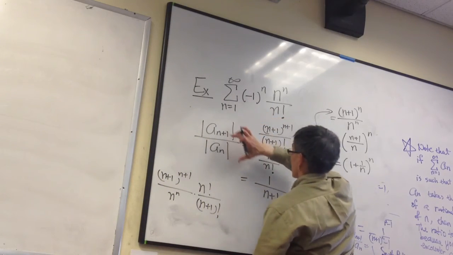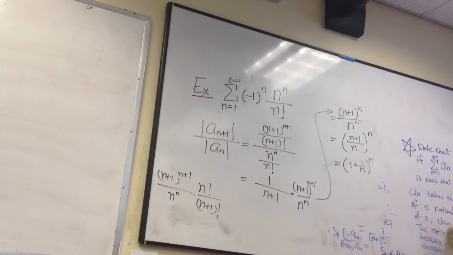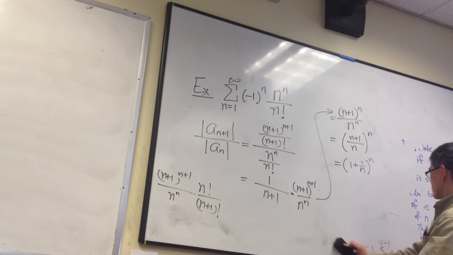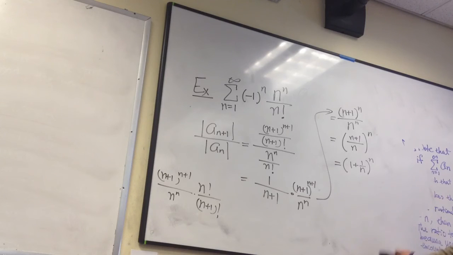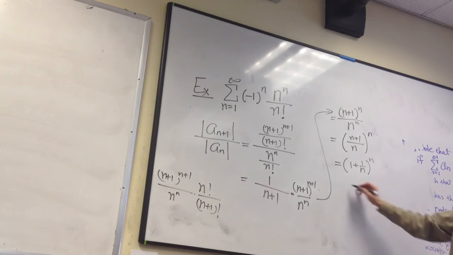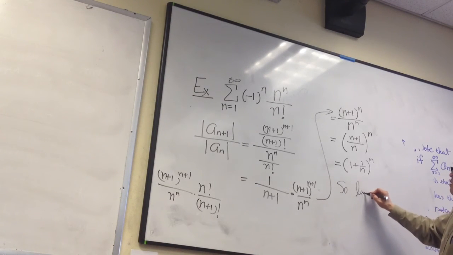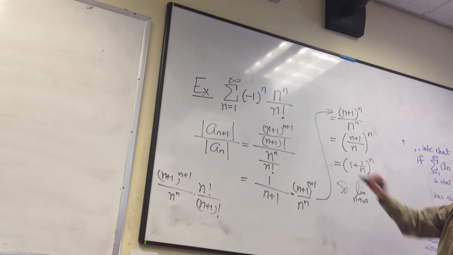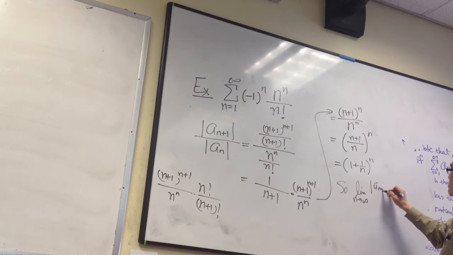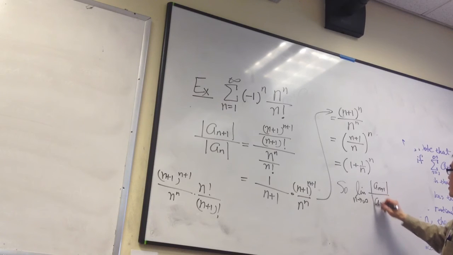So I just calculate this, right? And so now I'm ready to take the limit. After this computation, now I clean up that ratio. So the limit of that ratio, therefore, is what?